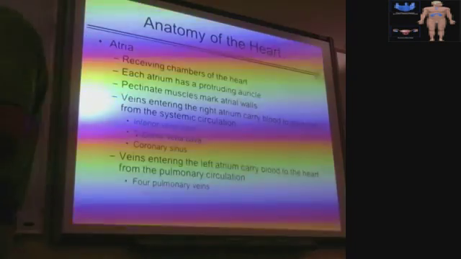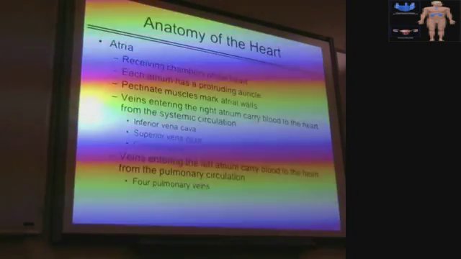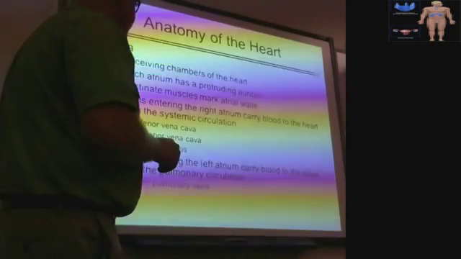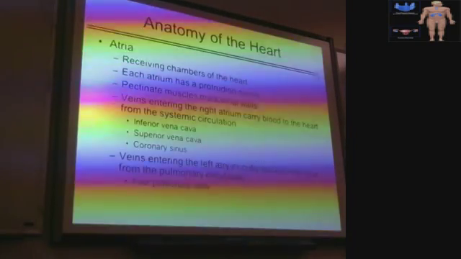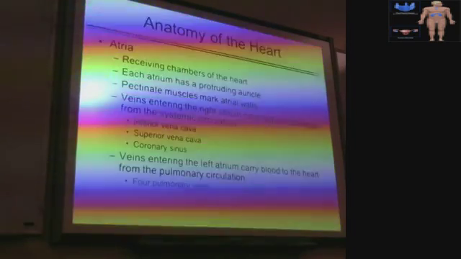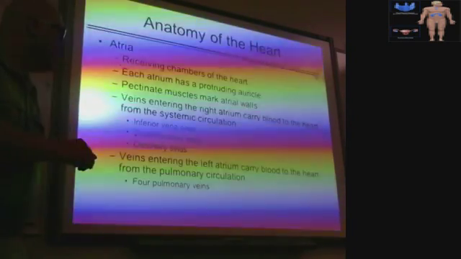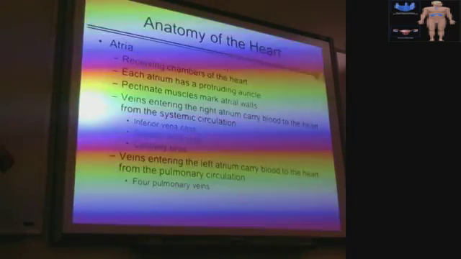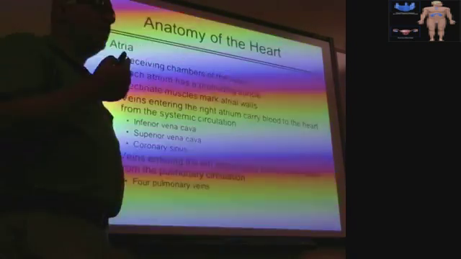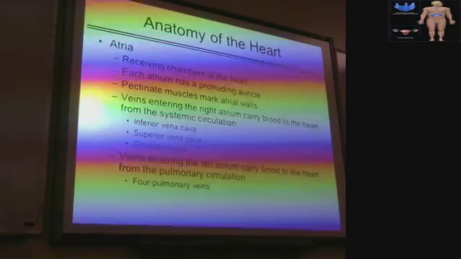Okay? And there are veins that enter the right atrium that carry blood to the heart. These are called the inferior and superior vena cava, as well as the coronary sinus. Where do these veins, whoops, I might have just given you a hint there, the vena cavae, where do they bring blood from?